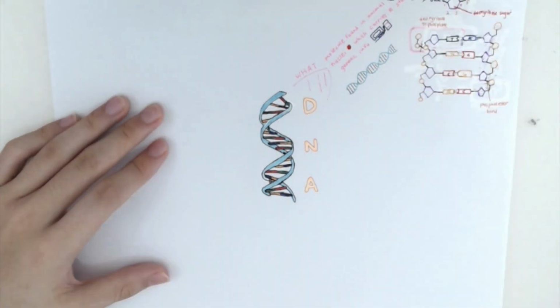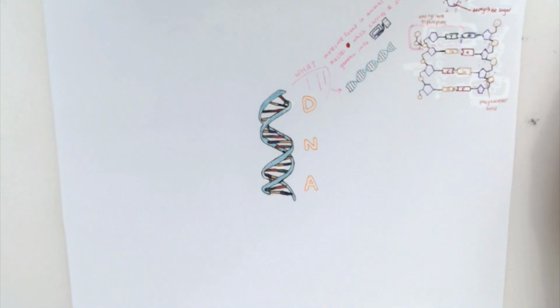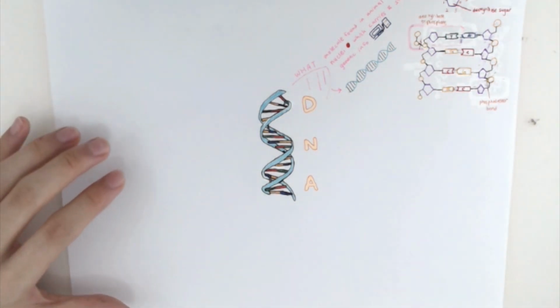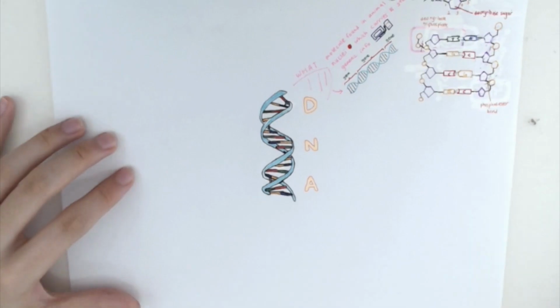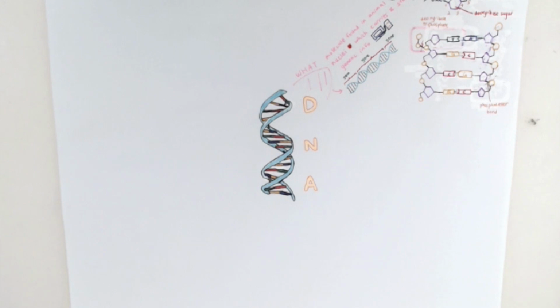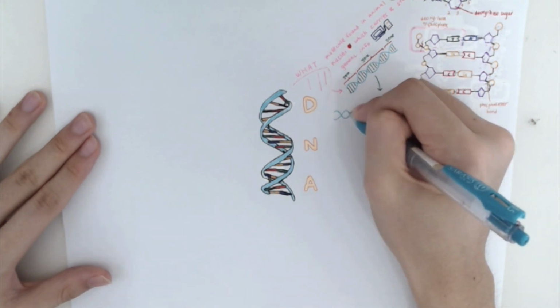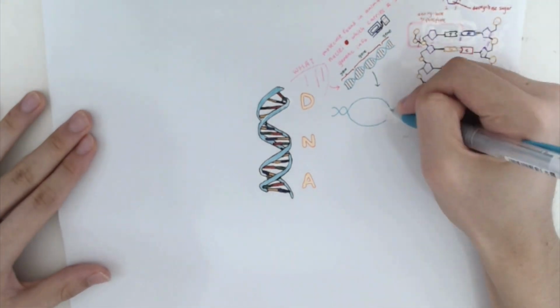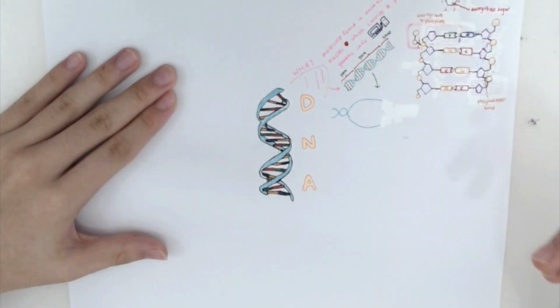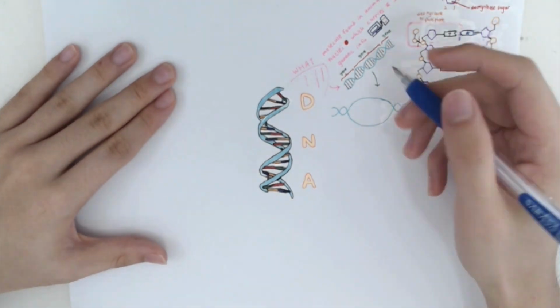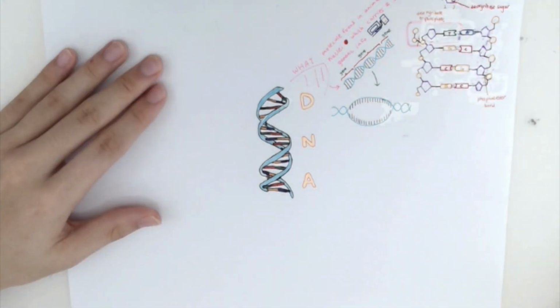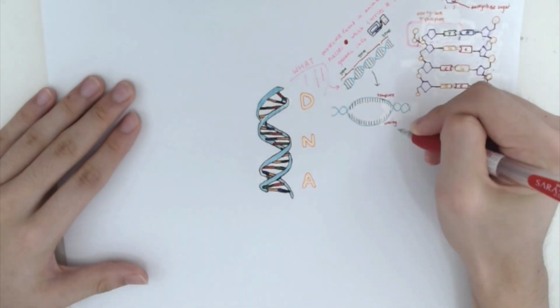Along a strand of DNA, there are multiple genes, which are specific sequences of DNA nucleotides of varying lengths. Each gene or sequence controls the formation of a single polypeptide or protein based on the genetic code stored within the gene. As a gene is a specified length of DNA, it consists of two polynucleotide chains: the template strand, also known as the antisense strand, and the coding strand, which is also known as the sense strand.